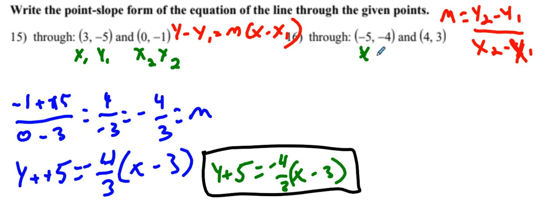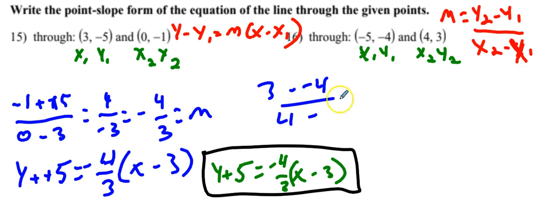Okay, welcome back. Hopefully you worked through this one and got an answer that makes sense to you. I'm going to work through this one now. Find my slope first. So I have a slope of 7/9. I'm going to pick this point.